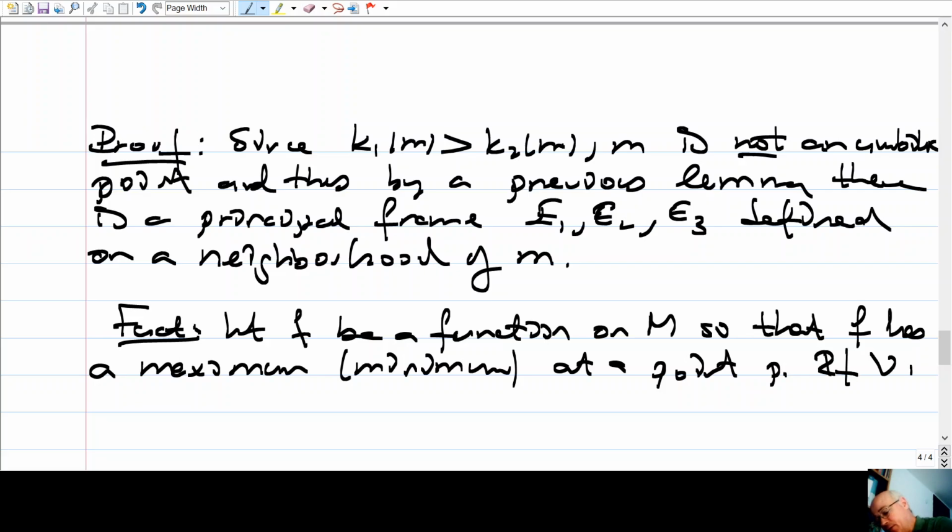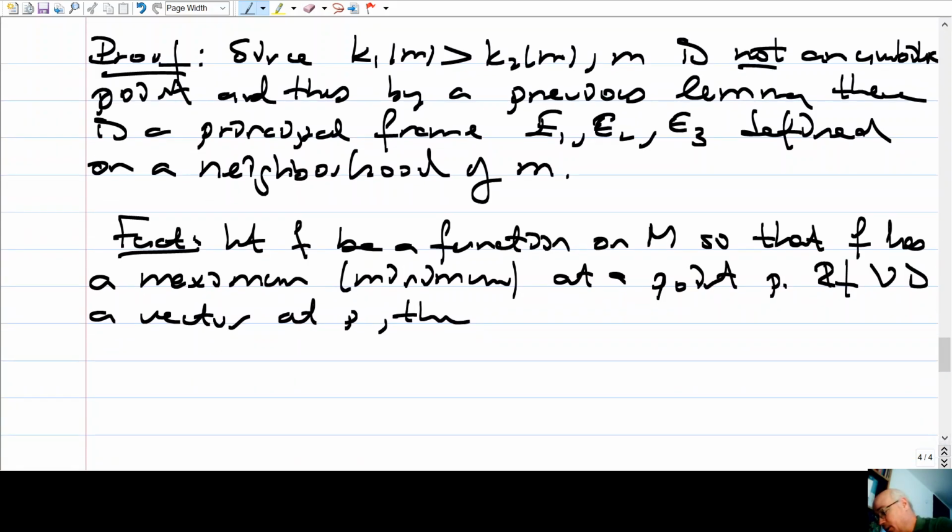If v is a tangent vector at p, of course, then we have this. First, v of f is 0 because it's a local extreme value.